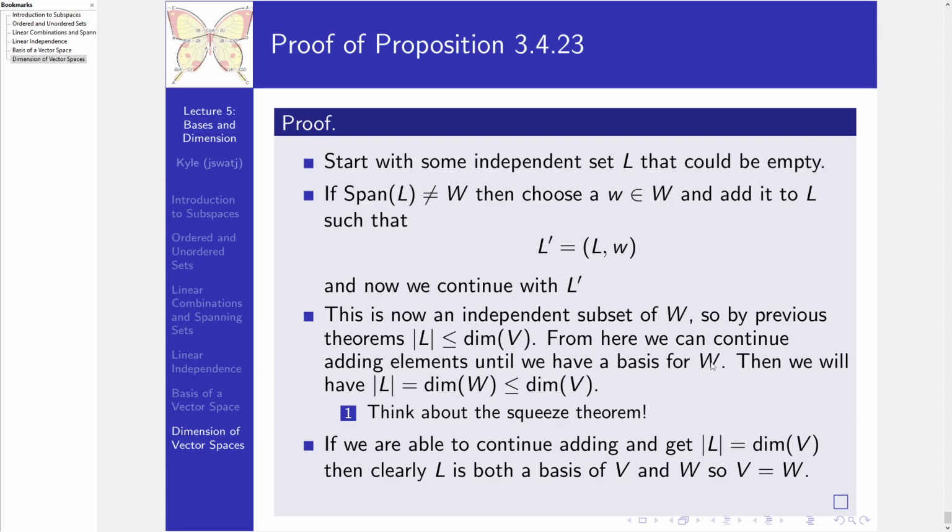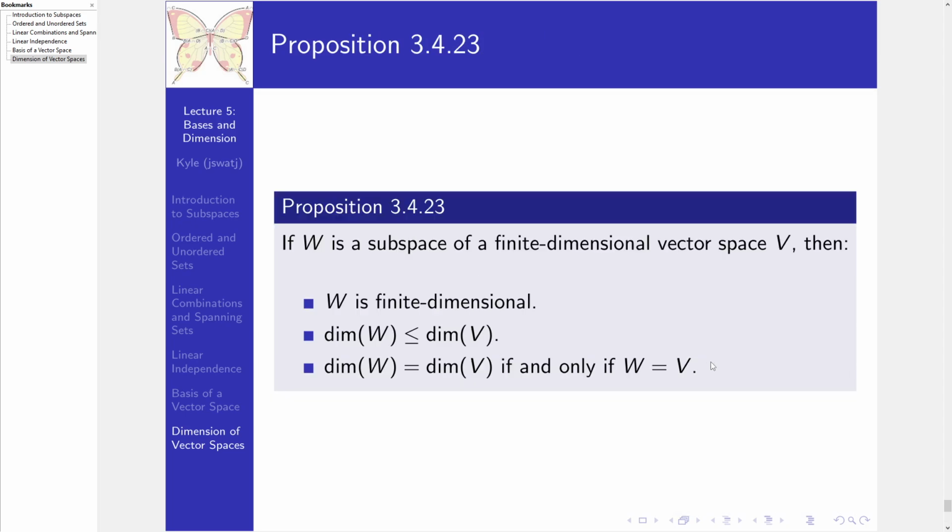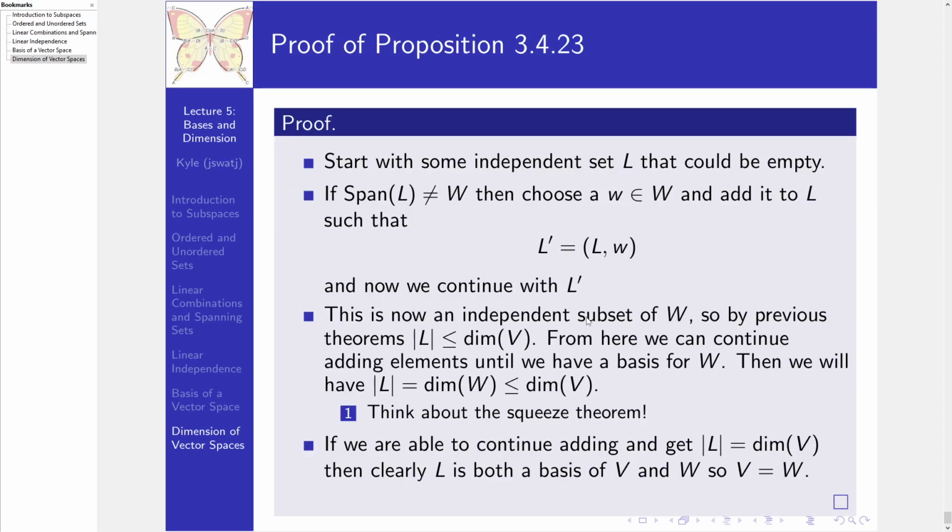So we'll prove this proposition here. Yeah, we prove the whole thing actually. If we start with some independent set L that could be empty, it doesn't matter if it has an element or not. And if the spanning set of that set L does not equal W, right?